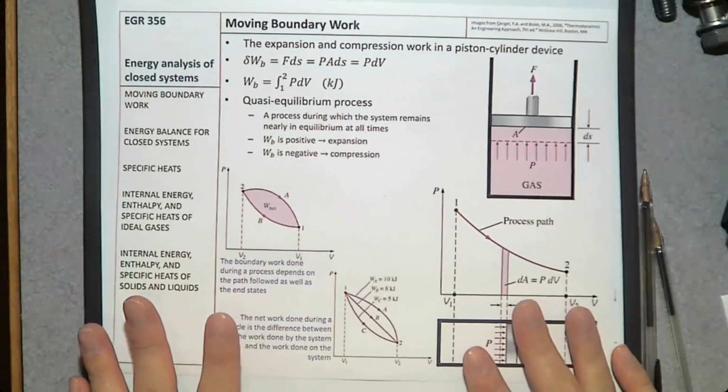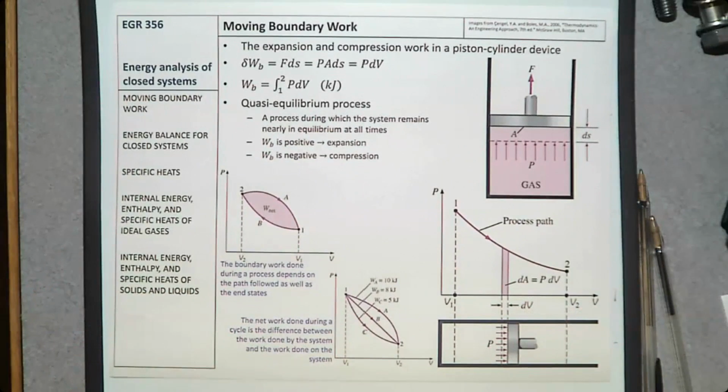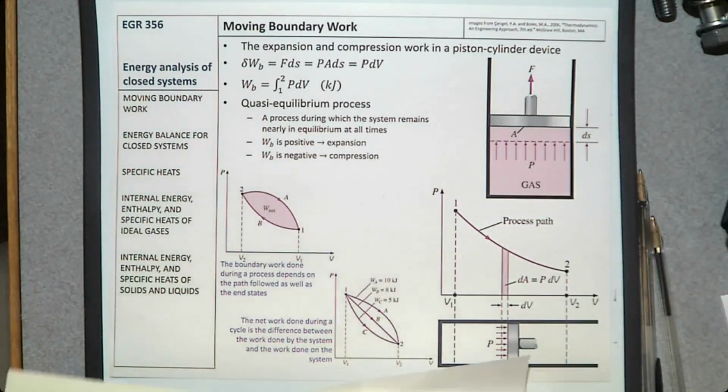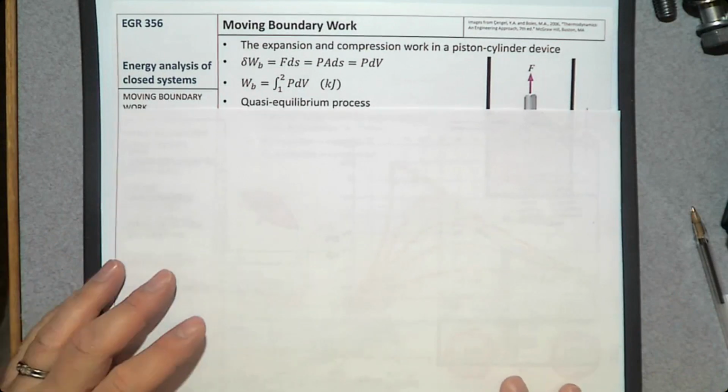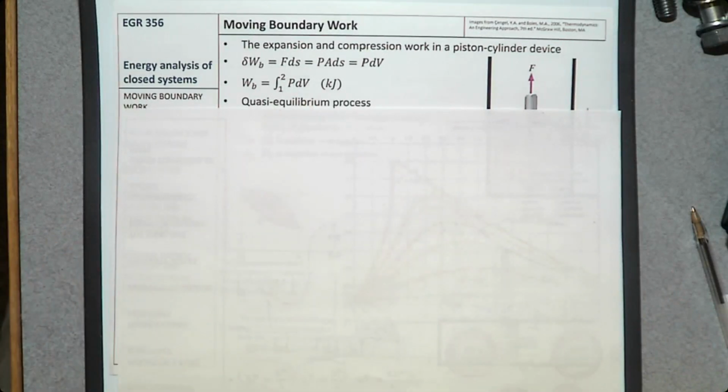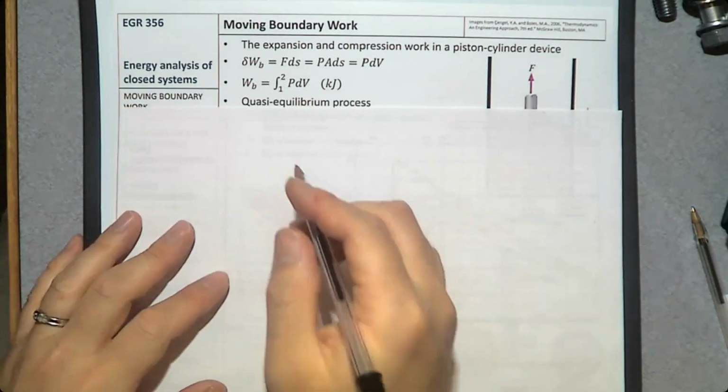The next part of chapter 3 is moving boundary work, which is very important. So from chapter 2, we studied the general energy balance equation.